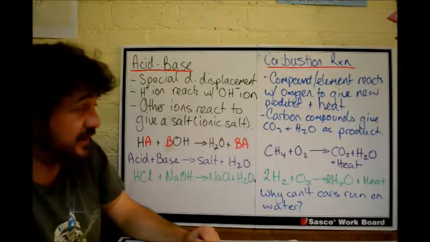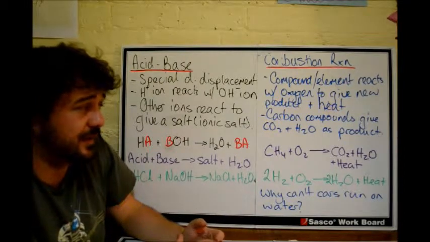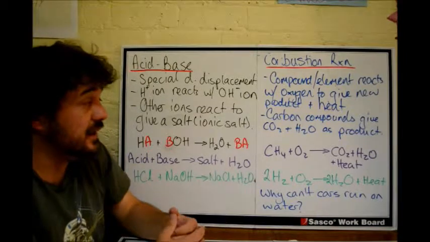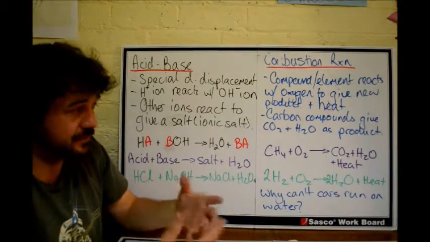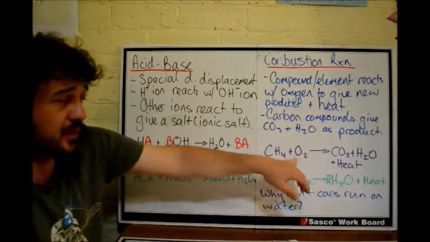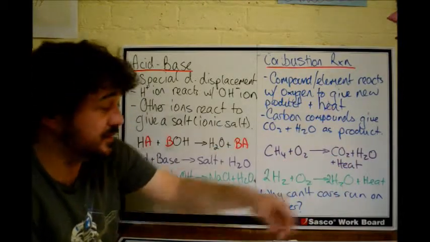That's one of the identifying factors there. If it's a carbon compound, it usually gives carbon dioxide. If it goes to completion, which means it burns everything, it usually goes to carbon dioxide plus water as a product and heat. So here's the burning of methane in oxygen, gives us carbon dioxide plus water plus heat.